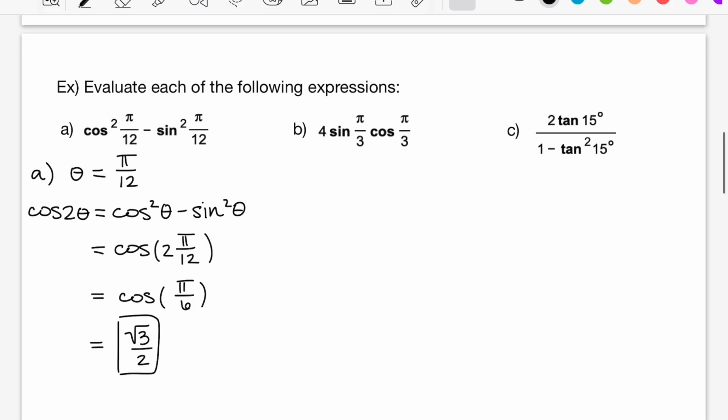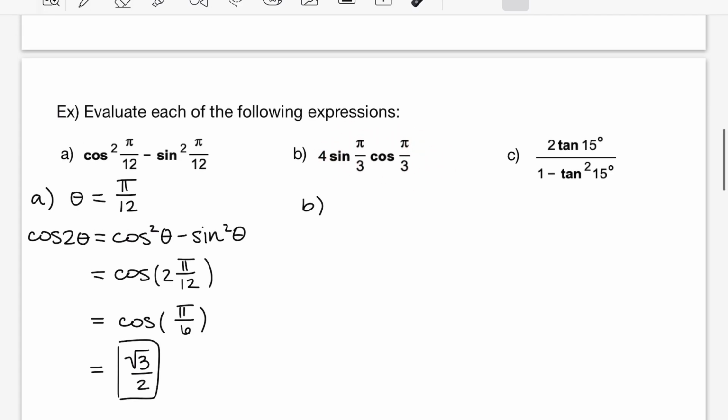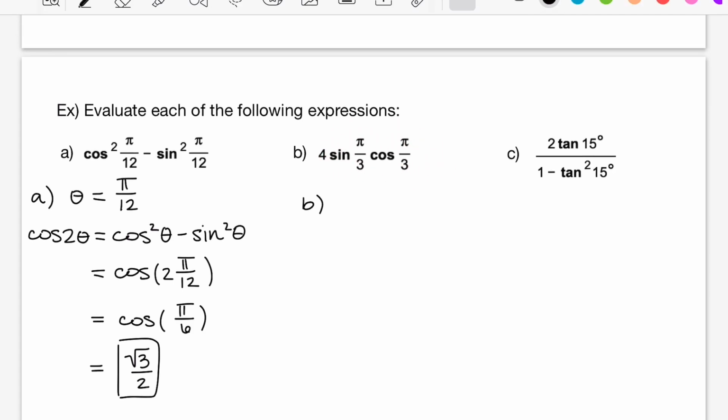All right, let's look at this next example here. We have 4 times sine of pi over 3 times cosine of pi over 3. Now this kind of looks like the double angle for a sine function. Remember, sine of 2 theta is equal to 2 times sine theta times cosine theta. This looks very similar.